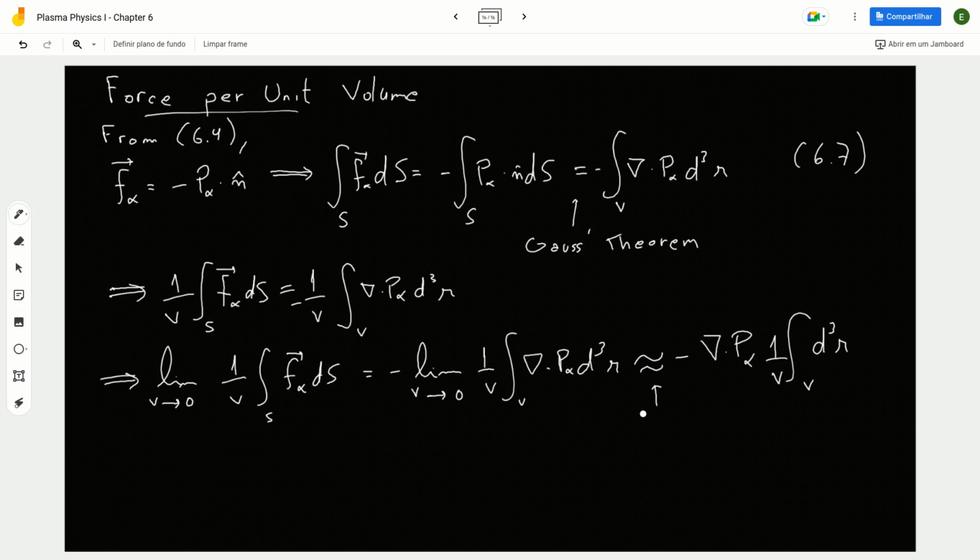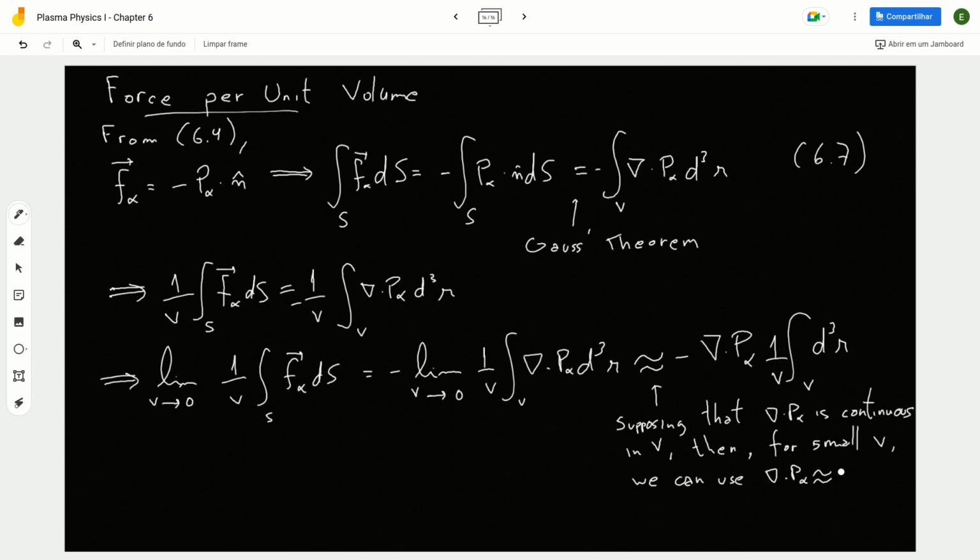So, supposing that this is continuous in V, then for small V, we can use the divergence of P approximately equal to the divergence of P at the center of V. Okay, fair enough.